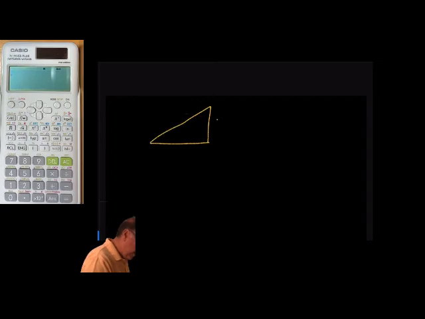Let's look at an example. If we have a right triangle like this with a 90-degree angle, and the hypotenuse is our vector that rotates around the unit circle, and that's a length of 1 because it's a unit circle, and we have theta.